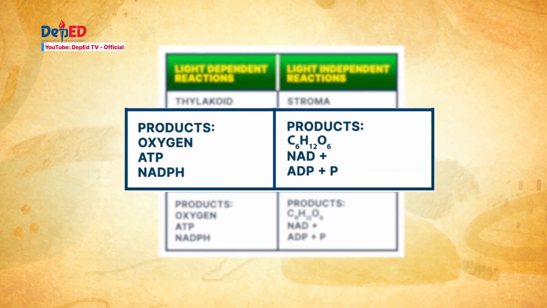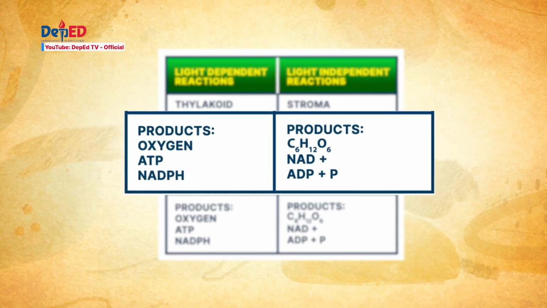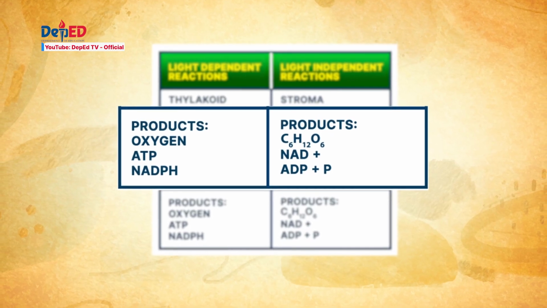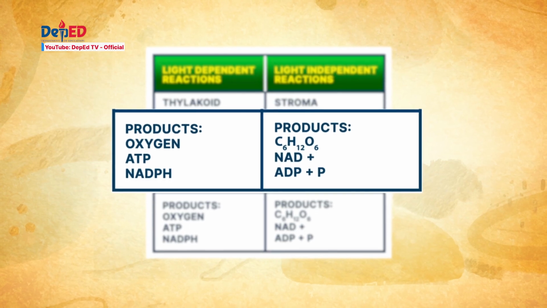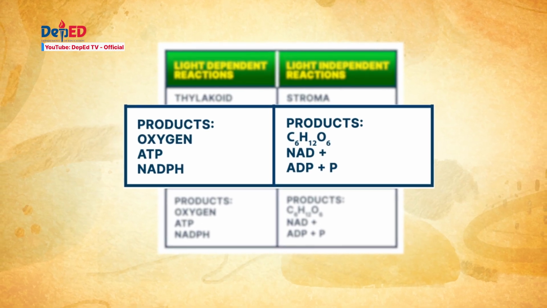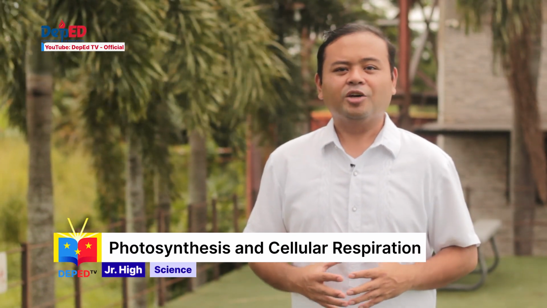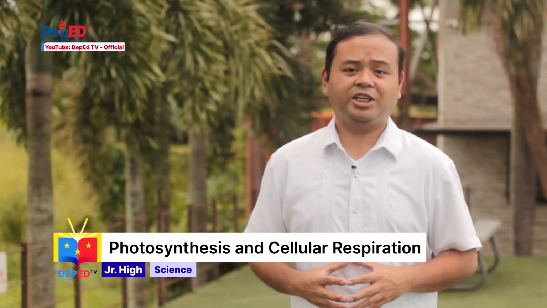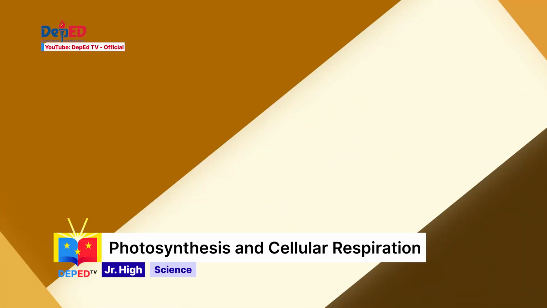The products of light-dependent reactions are oxygen, ATP, and NADPH, while the products of the light-independent reactions are glucose, NADP+, and ADP plus phosphorus. Both processes require and generate ATP. Both utilize the electron transport chain through oxidation reduction, and both utilize the ATP synthase.